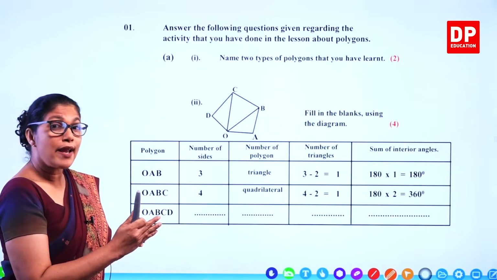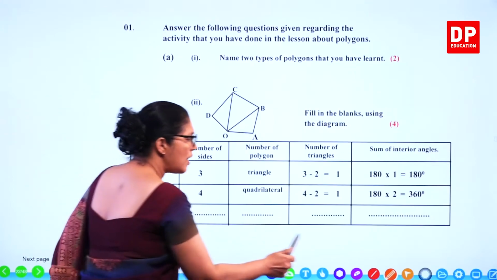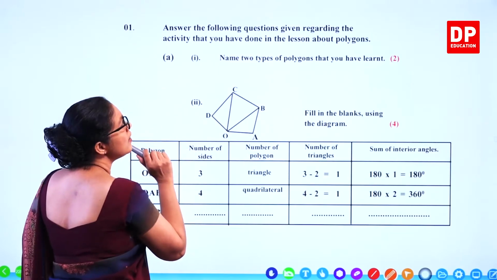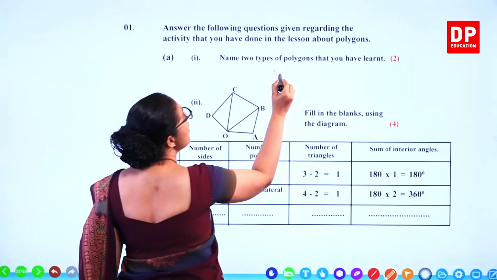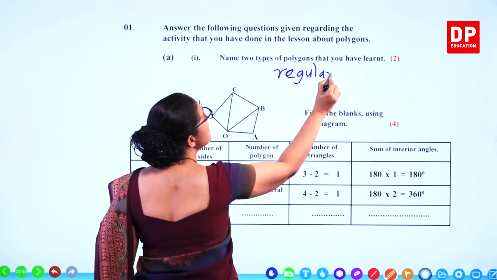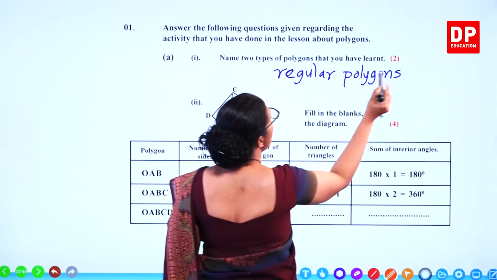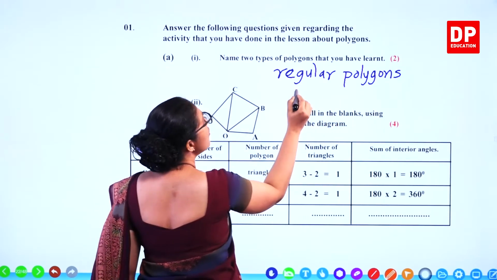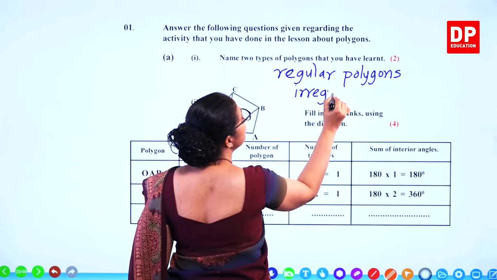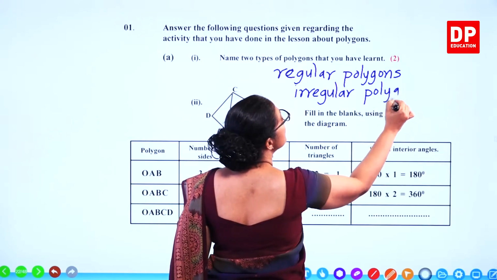We can say regular polygons and non-regular. If all sides are equal, we call them regular polygons, and if all sides are not equal, non-regular polygons. So we'll write down the 2 parts, regular polygons and irregular, or you can say non-regular, polygons.